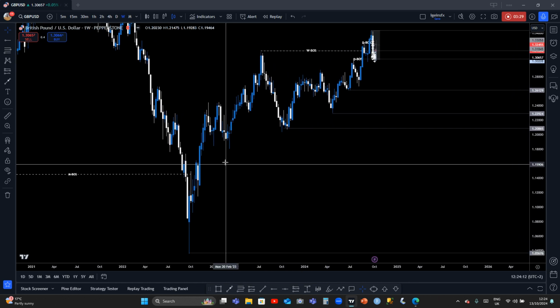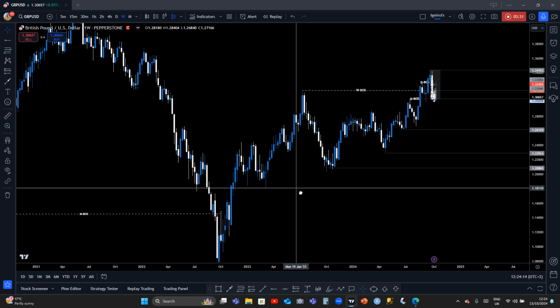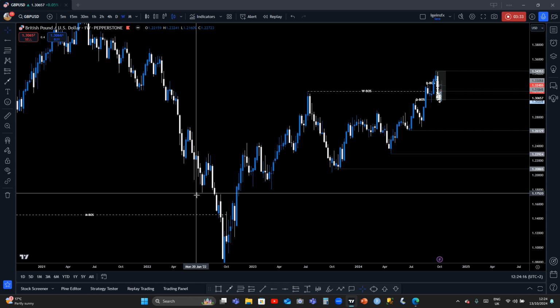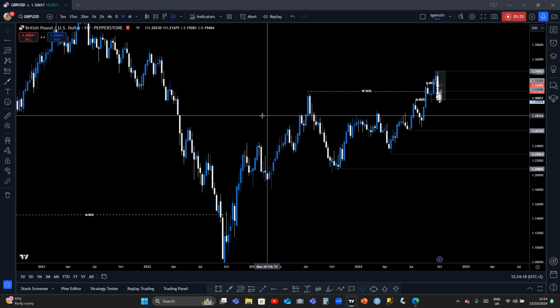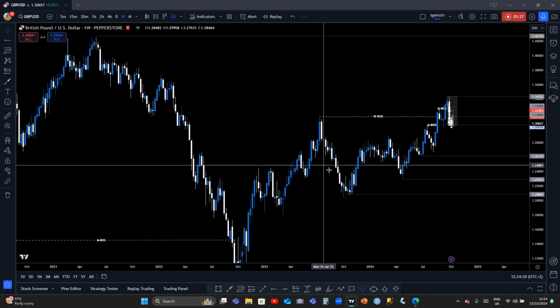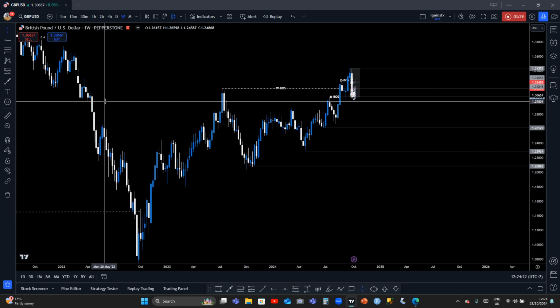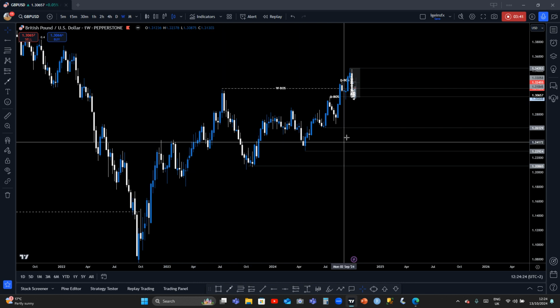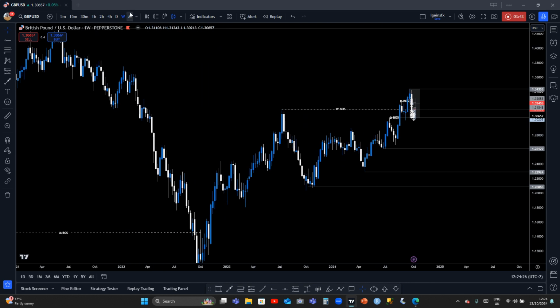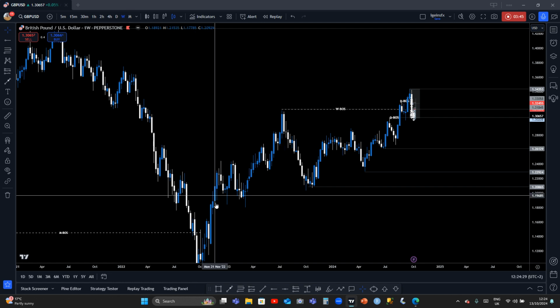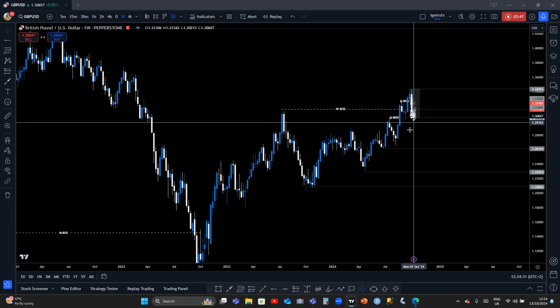You can see when price came down to this point, there was a change of character for this pullback to happen. This pullback that you saw on the monthly time frame is the result of that.